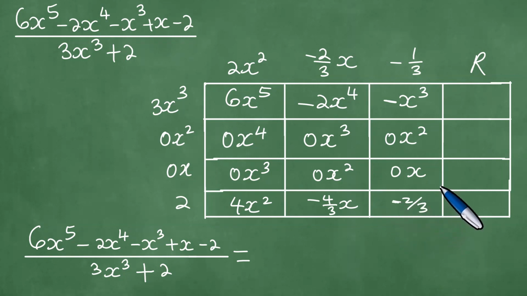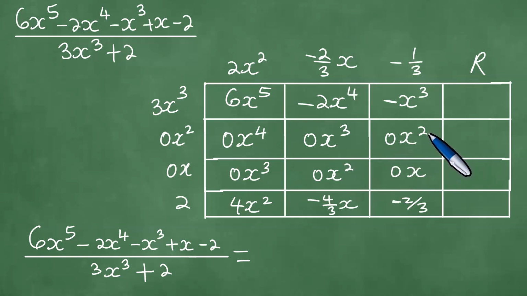All right. So now a couple of things are key and extremely important for us. We have to the power 5, to the power 4, a reduction by 1, to the power 3. Here we need to the power 2. So now we add all these to the power 2 terms, which is 4x squared plus 0x squared plus 0x squared, which is 4x squared.